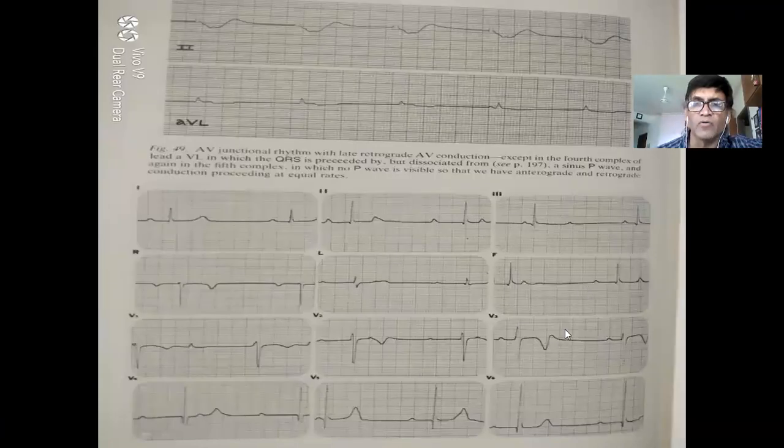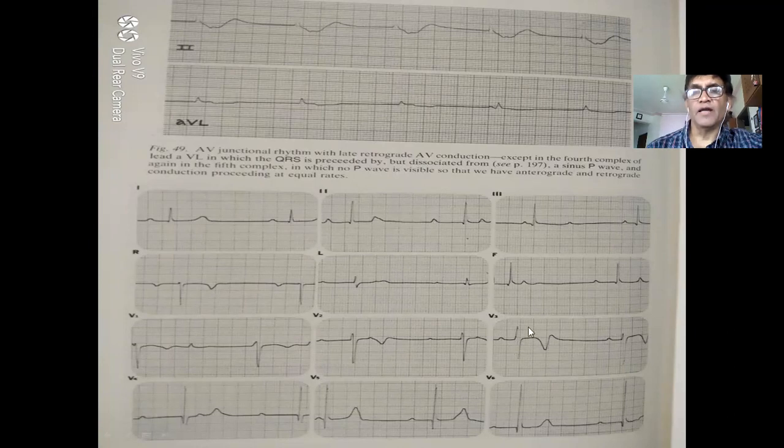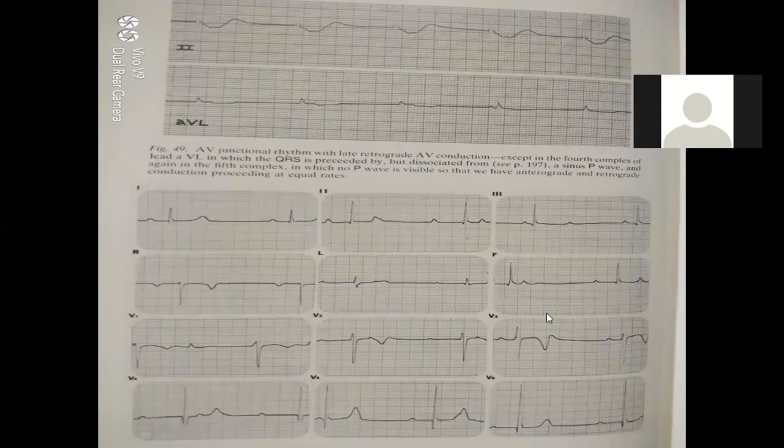So what is the conclusion? Will you give it normal or abnormal? So this is abnormal. Can you identify the abnormality? Yes. There is some block because the PR interval is prolonged, and ischemic changes also. It could be ischemic changes.